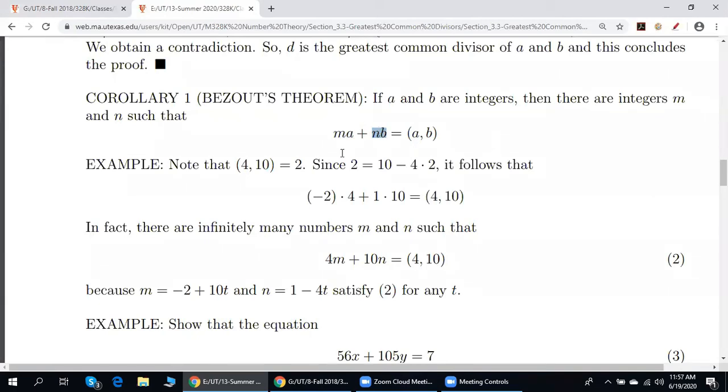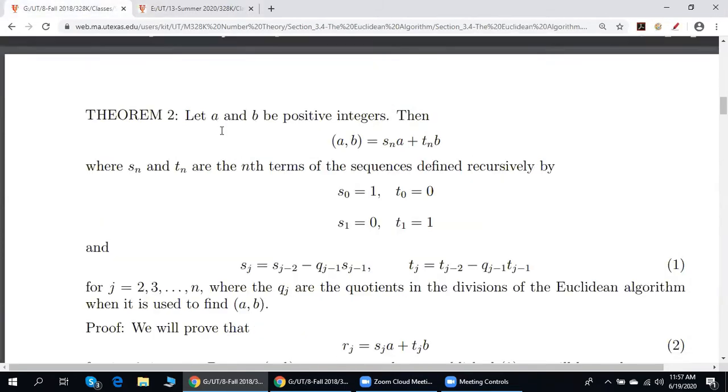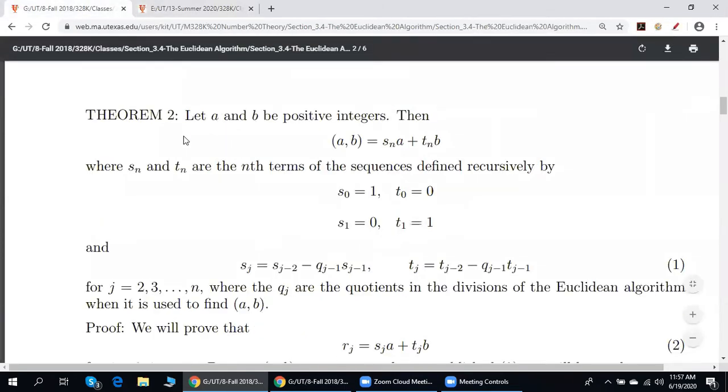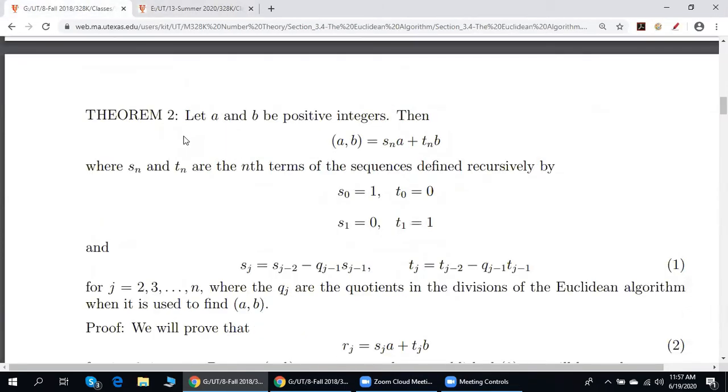Bezout theorem does not give us an algorithm of finding m and n. Theorem 2 tells us how to find m and n.